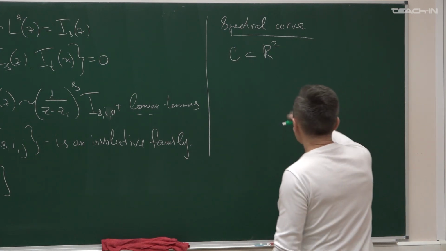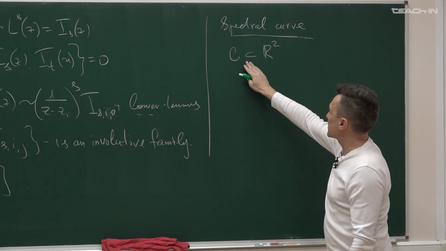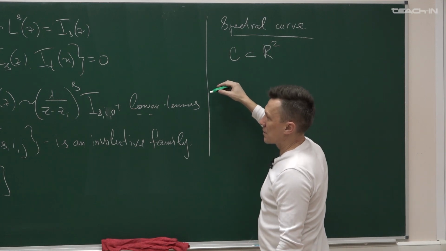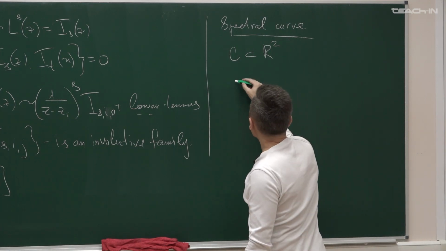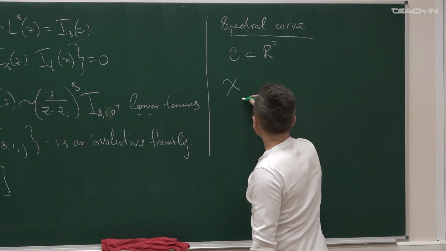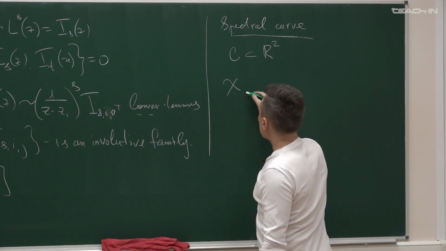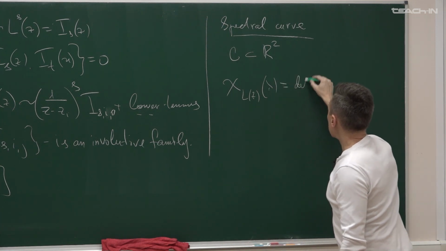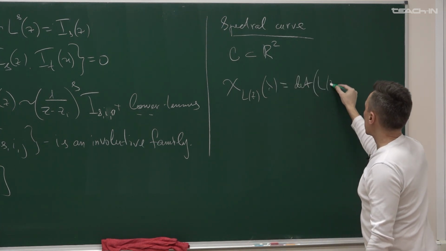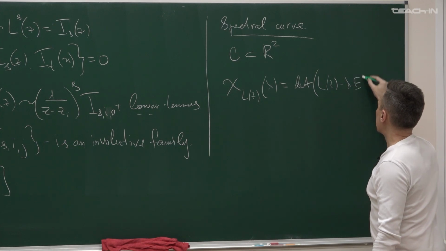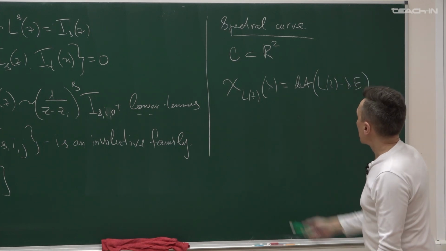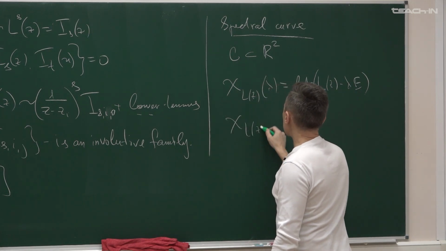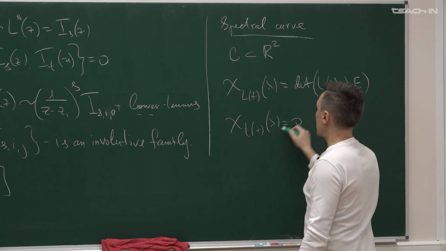But okay, so the simplest way is to look just on the equation, which is chi of L(z) depending on lambda, which is the determinant of L(z) minus lambda E. And this curve is defined by chi(z, lambda) equal 0.